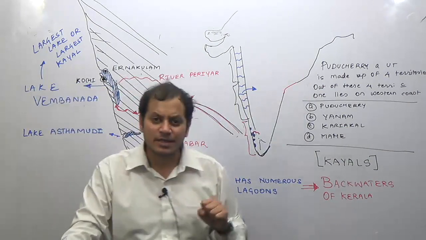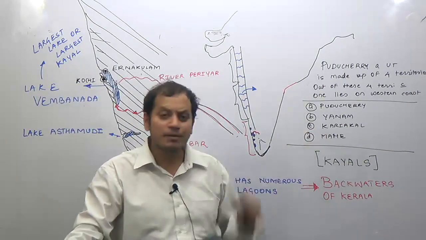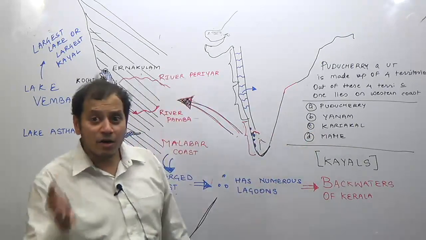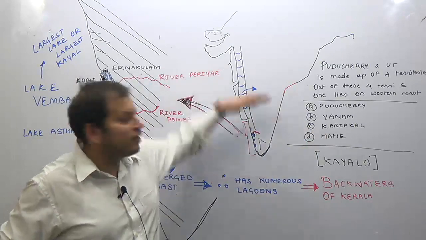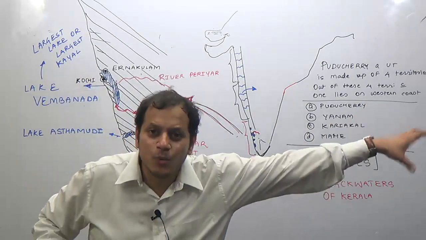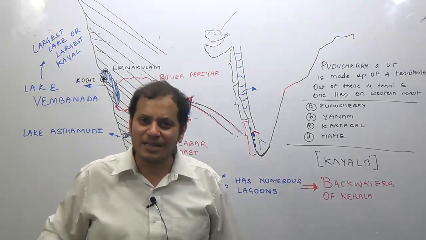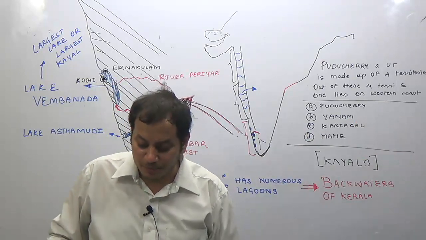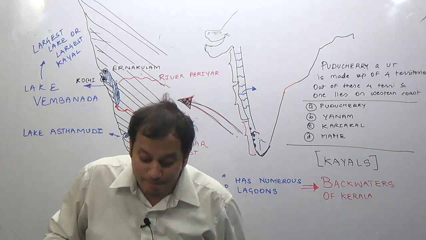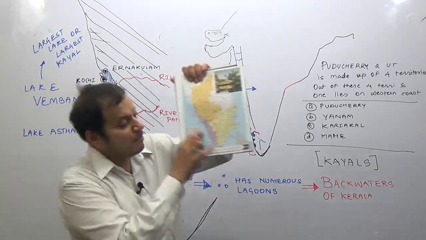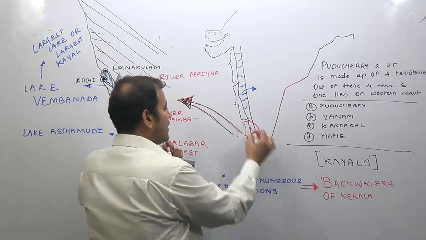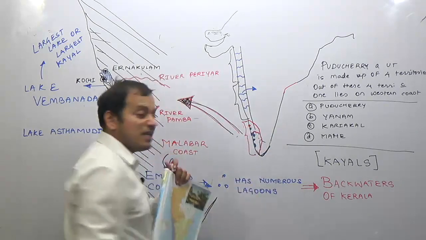Puducherry is made up of 4 territories: Yanam, Karaikal, Mahe, and Puducherry proper. What I want to ask you here is which lies on the western coast of India, or are all of them on the eastern coast? Because we think Puducherry means only that part which lies on the eastern coast near Chennai, in Tamil Nadu. So where is Puducherry exactly lying? Can you see in this map of Kerala, if this entire state is Kerala, on the top here there is a place known as Mahe.